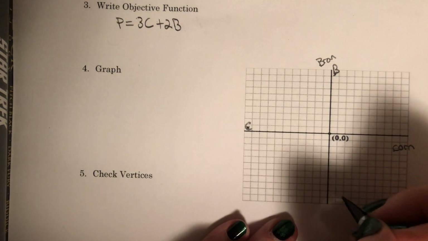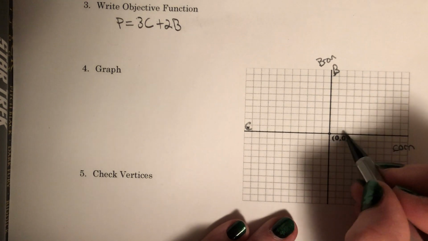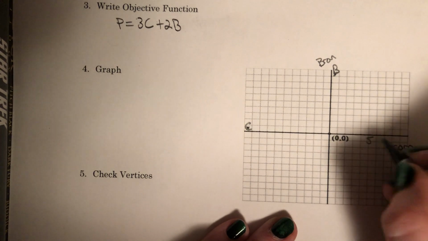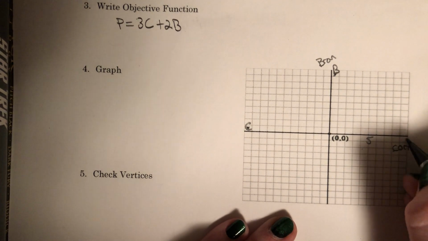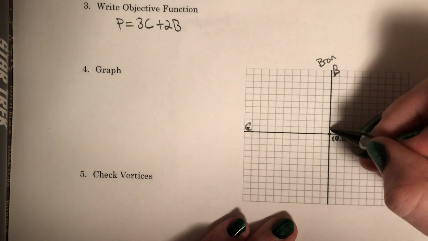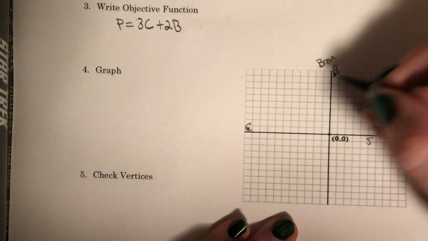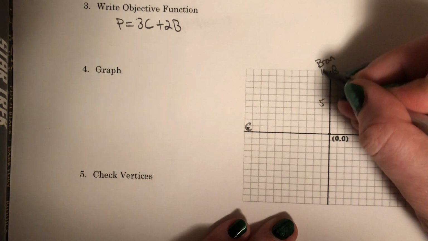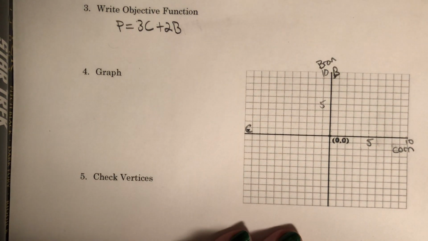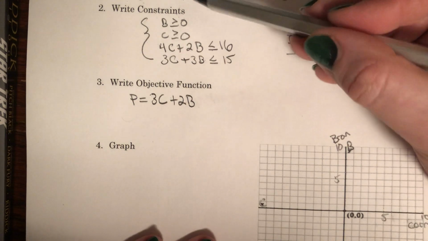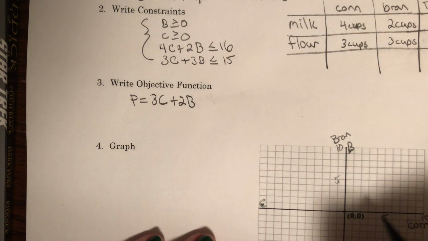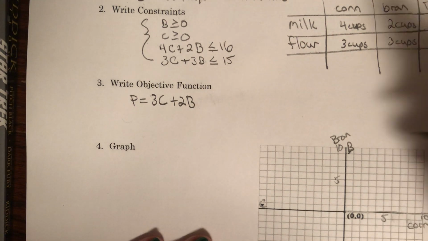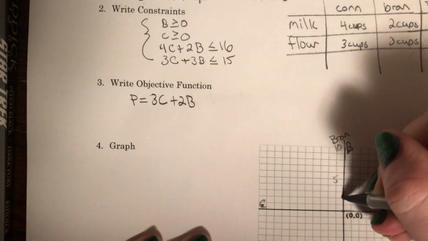Now I'm going to be going by ones all the way across here, so I'm going to count this out as 1, 2, 3, 4, 5, 6, 7, 8, 9, 10, just to give myself a bit of a guide. All right, now my zeros here. That means that I'm looking at just this first quadrant.